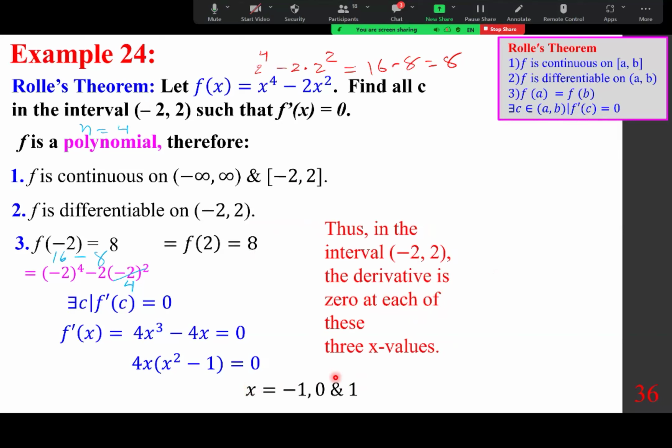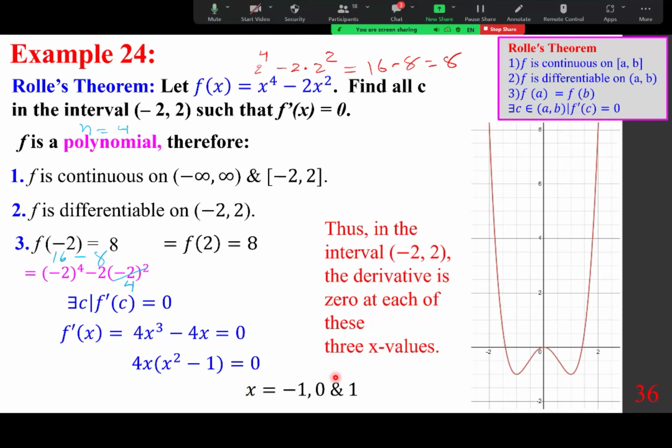And so look at the graph, by the way. This is the graph of x to the power of 4 minus 2x squared, f of x equals that. And at -2 and also +2, they have the same y coordinate, namely 8.